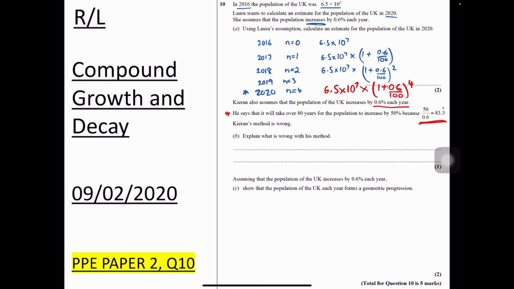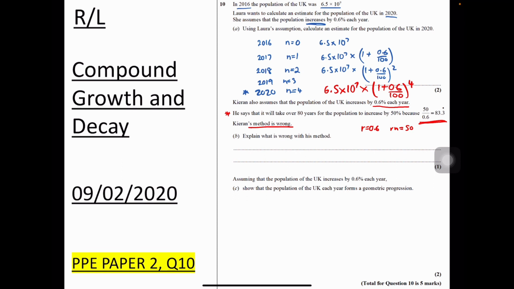However, the method is wrong. We need to explain why his method is wrong. So what he's done here is he's saying the percentage, let's call it R because they used R on the formula a few slides ago, so R is 0.6. R multiplied by the number of years, Rn, equals 50, right? But that's not how you work it out.